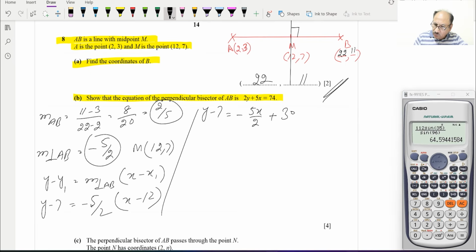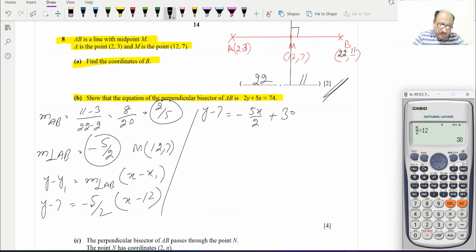We can check: 5 by 2 into 12 is equal to 30. So this is what we have written.